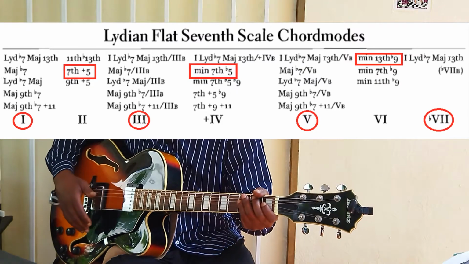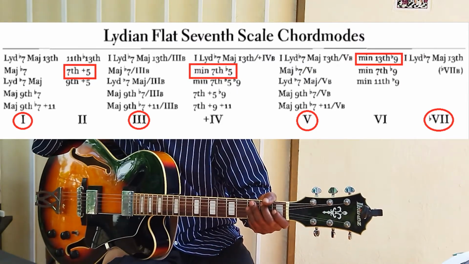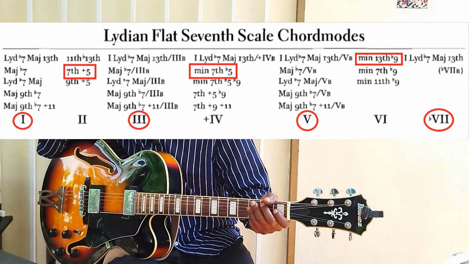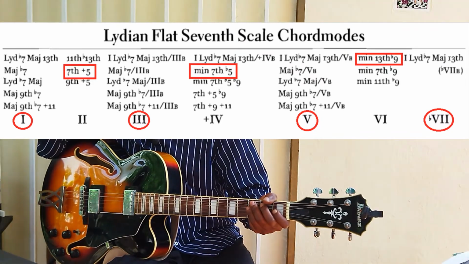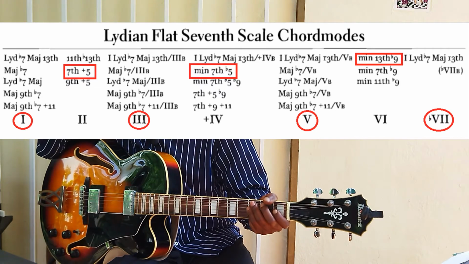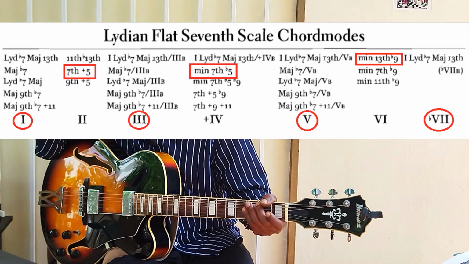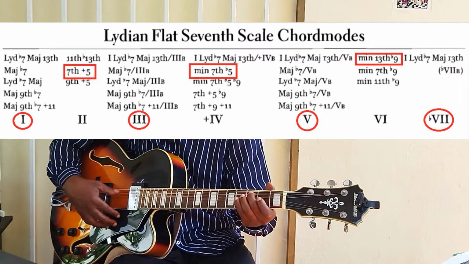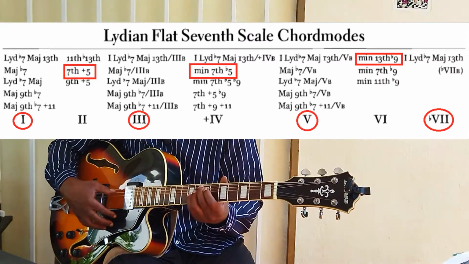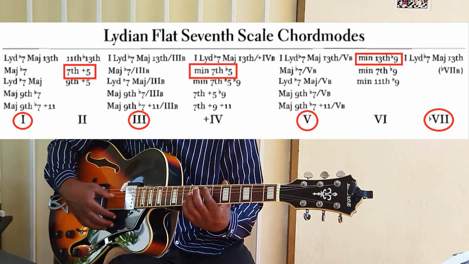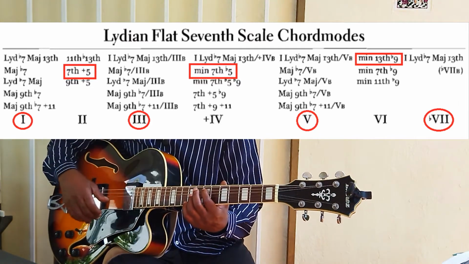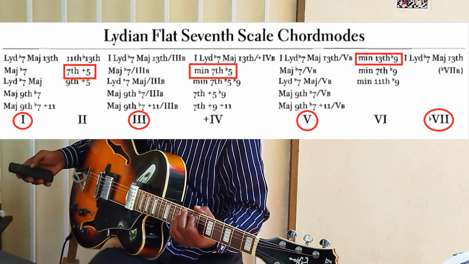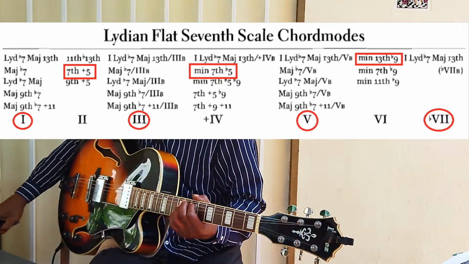Now for the third mode, it says 1 Lydian Flat 7th major 13, which is the same. You play the 1 Lydian chords and you put the third, in this case E, at the bass. So let's do that and listen to what it sounds like.